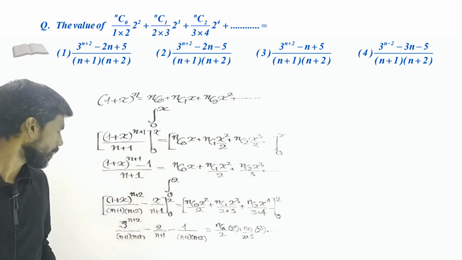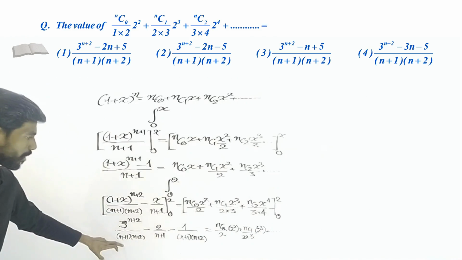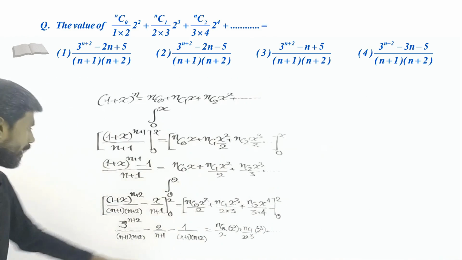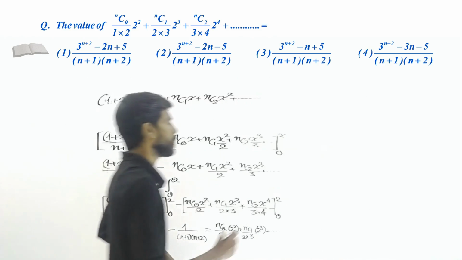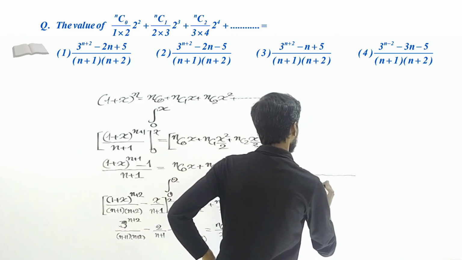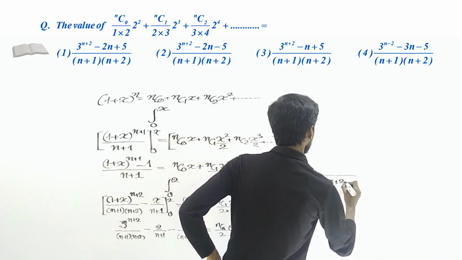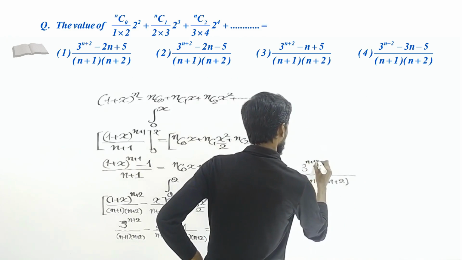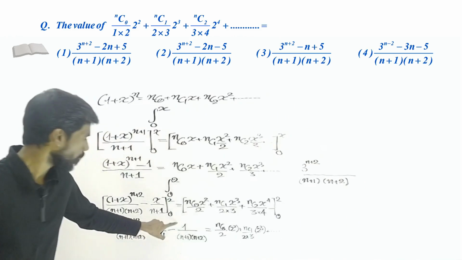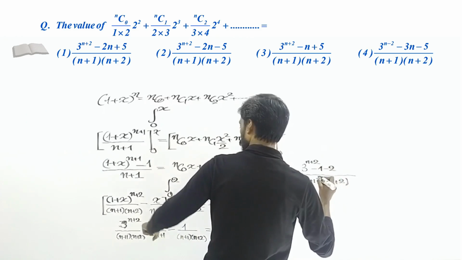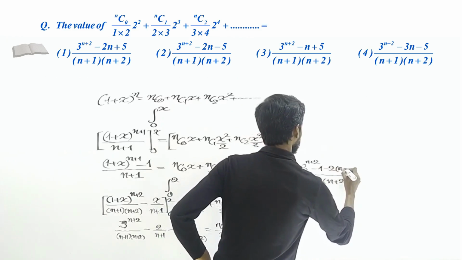But you can simplify this further, right? This is the answer, but it can be simplified further. So how to do that? Take LCM n plus 1, n plus 2. If you do the LCM, that is n plus 1 multiplied by n plus 2. So we'll get 3 to the power n plus 2, minus 1, minus 2 multiplied by n plus 2.